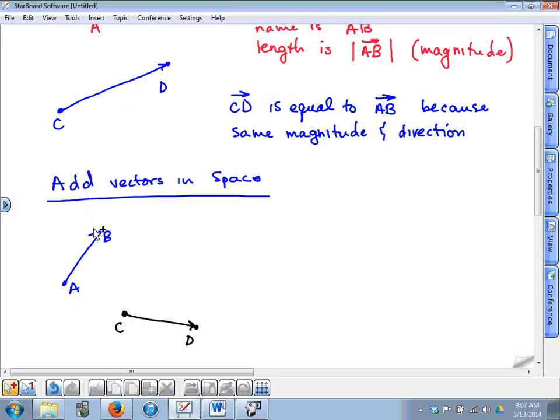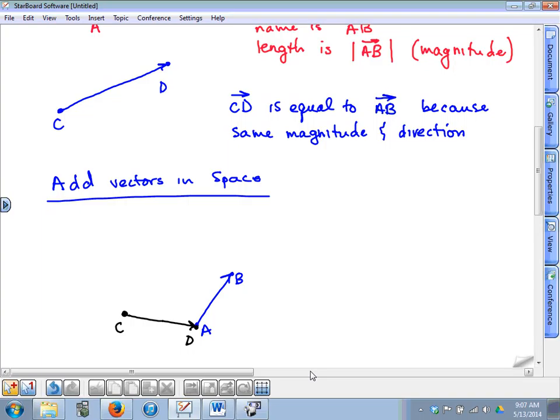One way to do this is to take one of the vectors so that its initial point is on the terminal point of the other vector. So as best you can, try to make that picture right there. You're going to have to redraw yours probably. So just make two pictures.